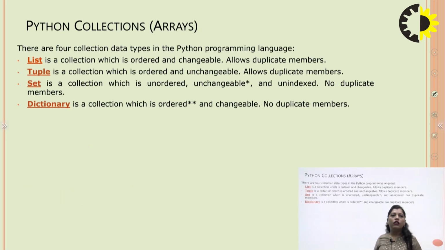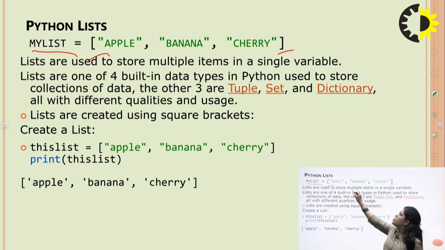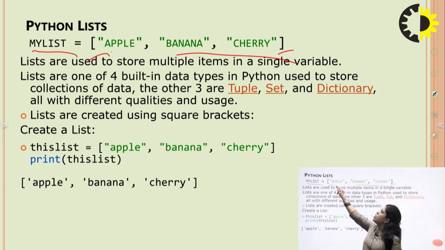Next we discuss the Python list. In Python, a list is given by square brackets. Apple, banana, cherry are the list items, and lists are used to store multiple items in a single variable. My list is a single variable, and in that variable we can store multiple items like apple, banana and cherry.